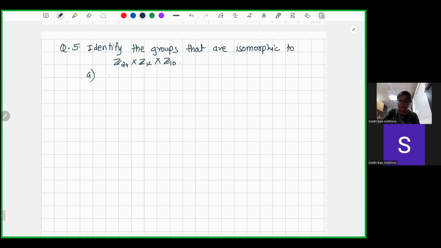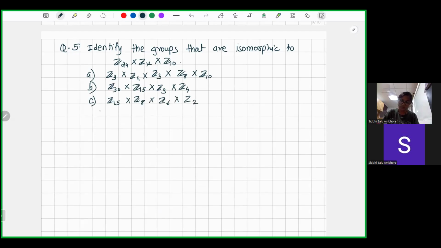Okay, and the options are Z3 cross Z4 cross Z3 cross Z8 cross Z10, and B option is Z30 cross Z15 cross Z3 cross Z4, Z15 Z8 Z6 cross Z2, and the final is Z2 cross Z3 cross Z4 cross Z120. Yes. So how to proceed with this?